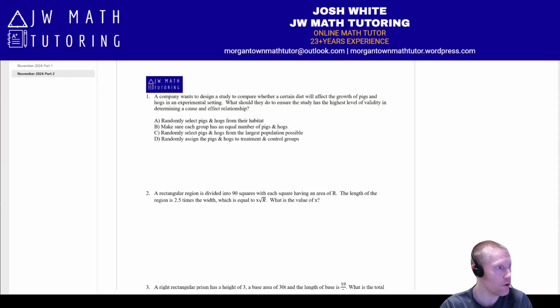Okay, so starting with the first one, this was a pretty popular problem for discussion, and it was basically something about there were two different types of animals, and it was asking about what you need to do to design a study to ensure that you can determine a cause and effect relationship between a certain diet or some type of treatment that would be applied to these two different types of animals.